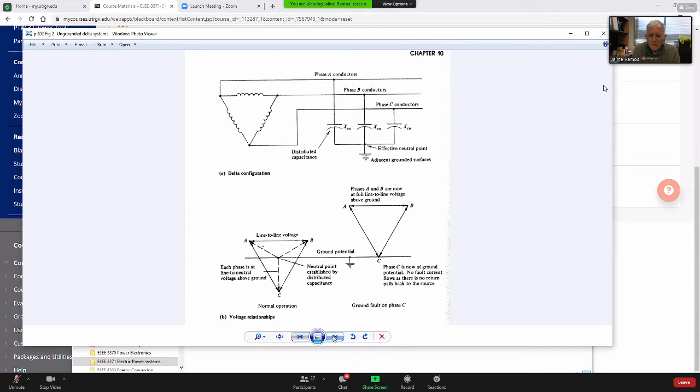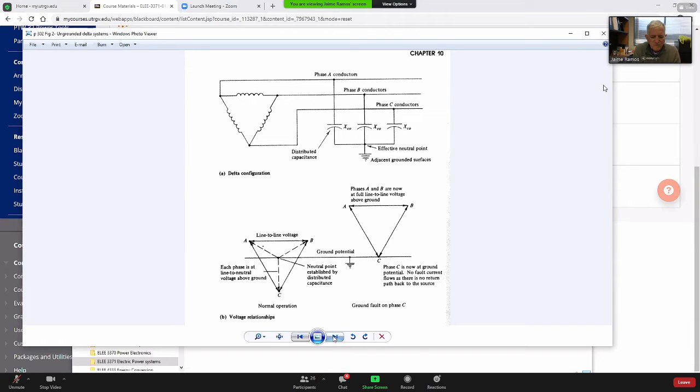B, with respect to ground, is now at line-to-line voltage. Let's think that a fault occurred and C was grounded. Before the fault, A was at line-to-neutral voltage. After the fault, A is at line-to-line voltage. So A and B are stressed.